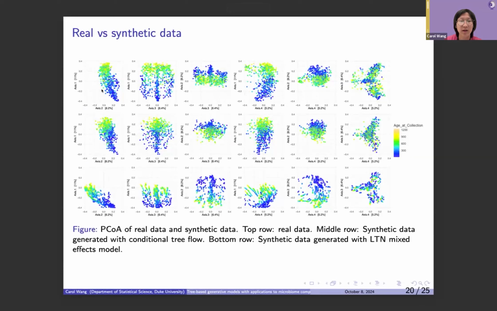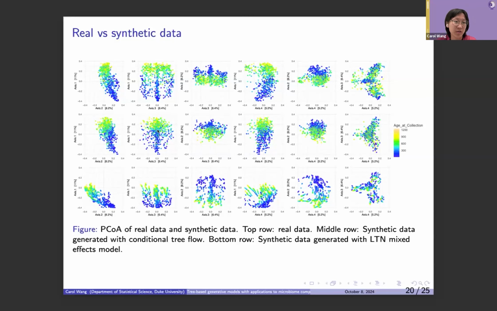We can see that the first row is the real data. The second row is what we get from this conditional tree flow, which is the nonparametric tree ensemble. The third row represents synthetic data generated from the logistic tree normal model, which is the single tree model.